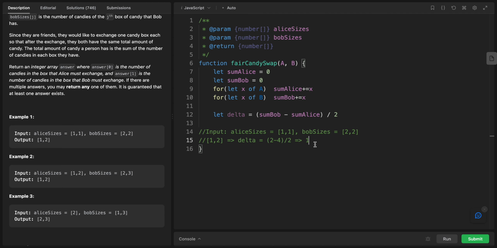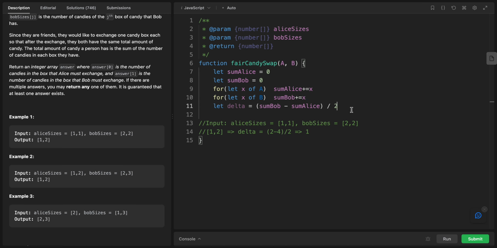But how can we find the other number? We can loop through all of Bob's values and compare them one by one with Alice's, or we can create a hash table.